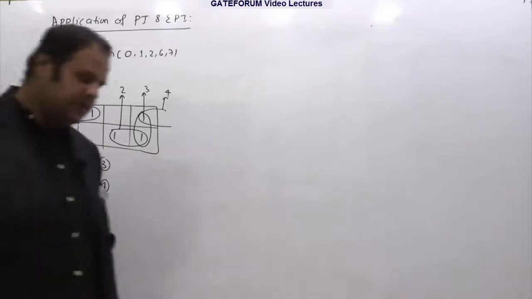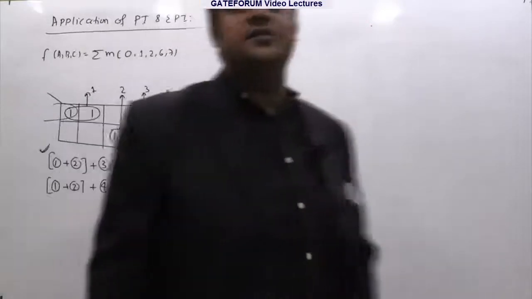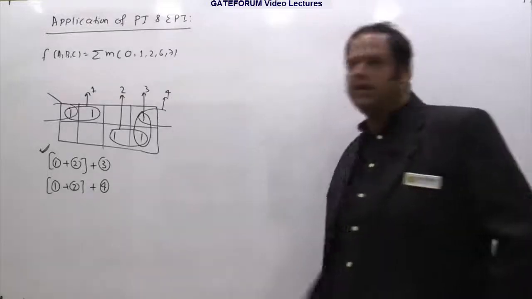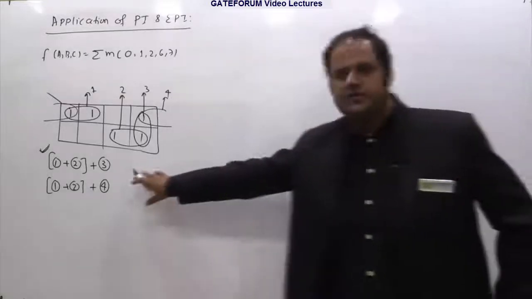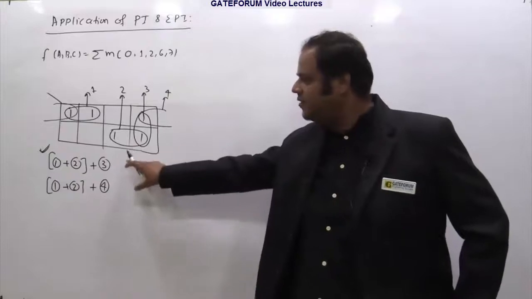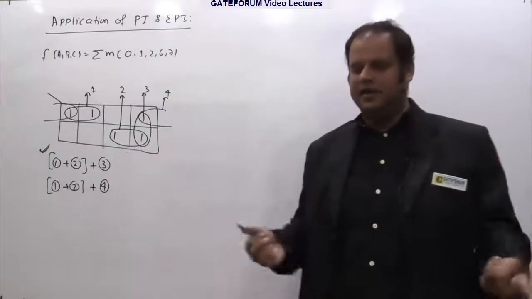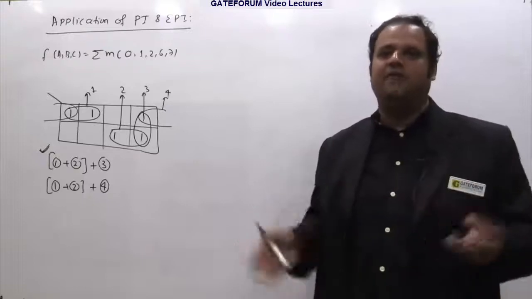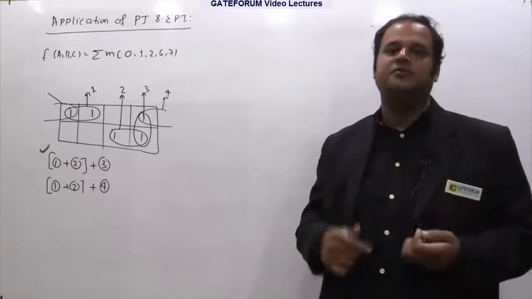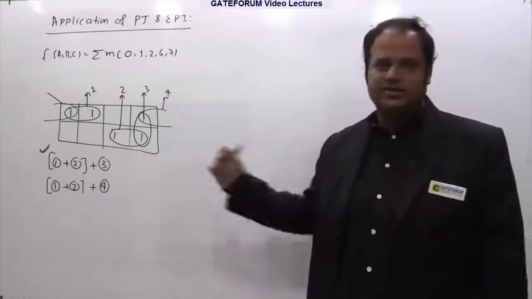But now let me tell you in what way these PI and EPI concepts are useful to reach such conclusions. This grouping is what we do based on experience, because we have to look for the possible groupings, first the bigger sizes like group of 8, 4, 2, and similarly we reach these conclusions.